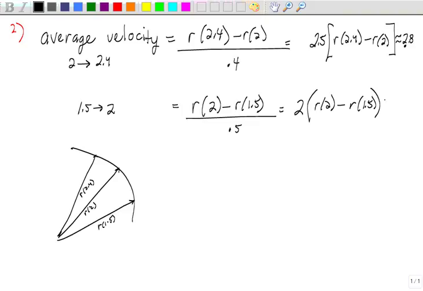And we're going to say this is approximately 2.7. If you look at the units, the average between those two is 2.75. So when I draw it, this vector right here is r of 2.4 minus r of 2. And that's a little bit more than one unit.